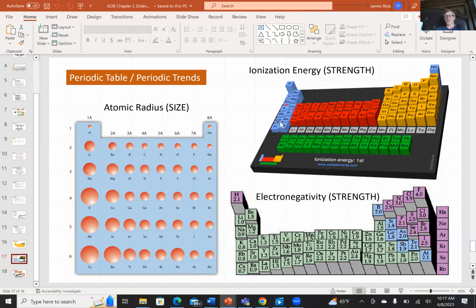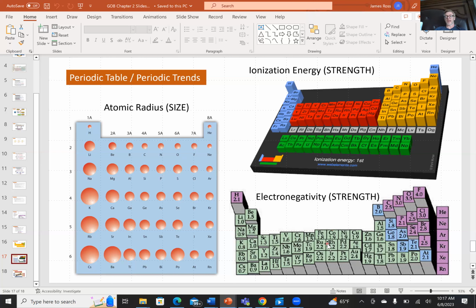Look at the blue region alone and the yellow region alone. As we go left to right across the blue region, the bars get higher, the elements get stronger. Separately, as we go from left to right across the orangey yellow region here, the bars get higher, the elements get stronger.